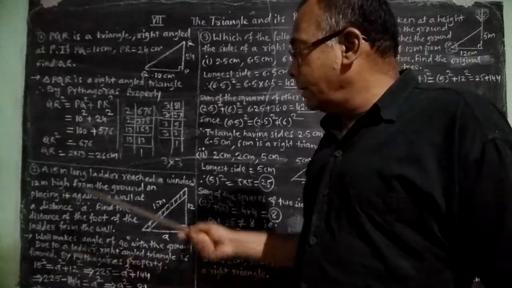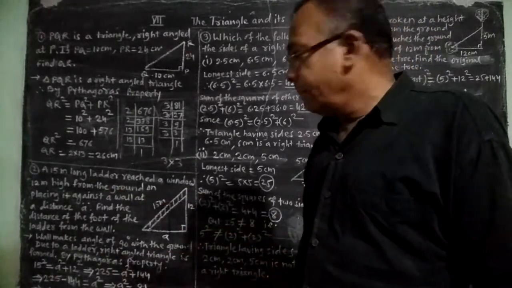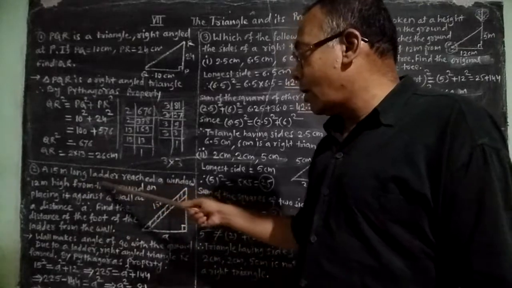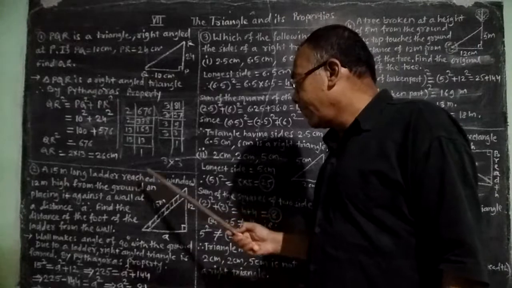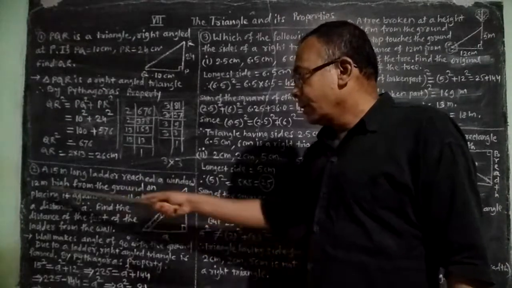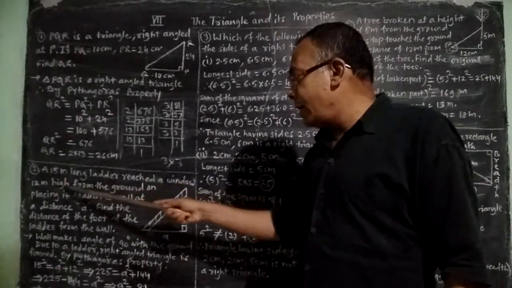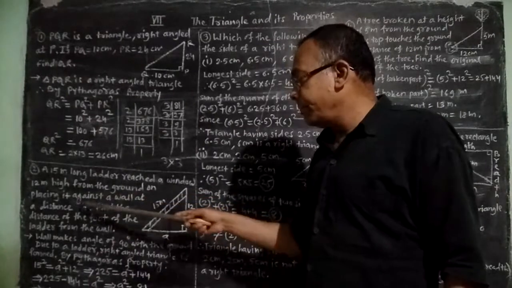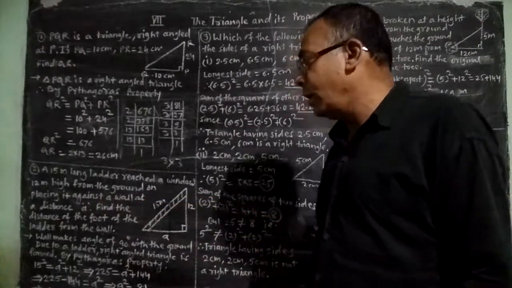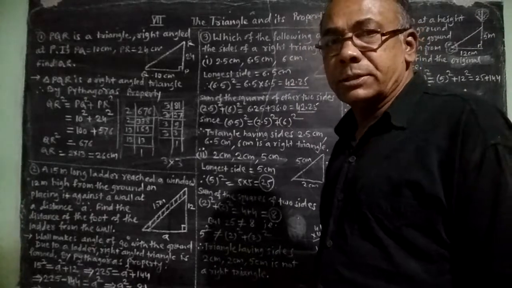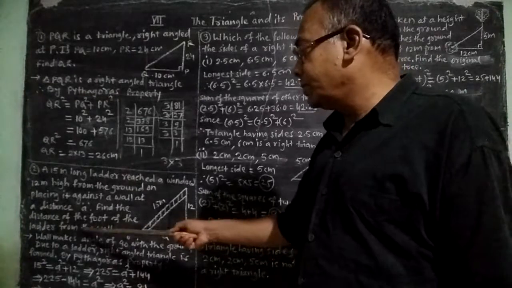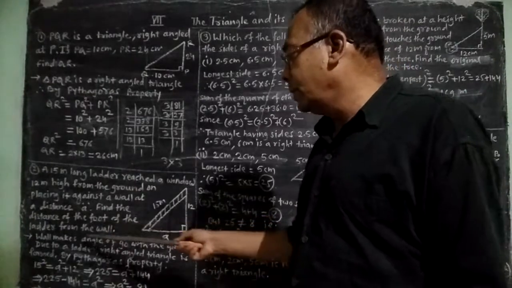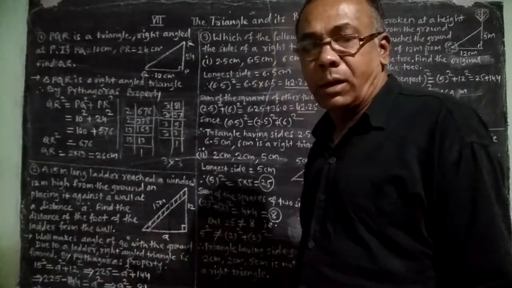Again, in the second example, a 15-meter long ladder reached a window 12-meter high from the ground. On placing it against a wall at a distance a, small a, find the distance of the foot of the ladder from the wall.